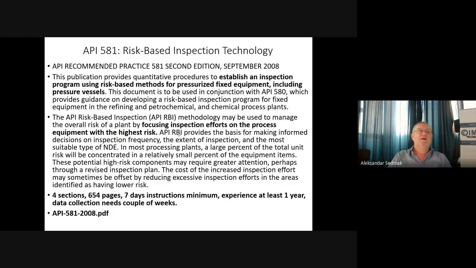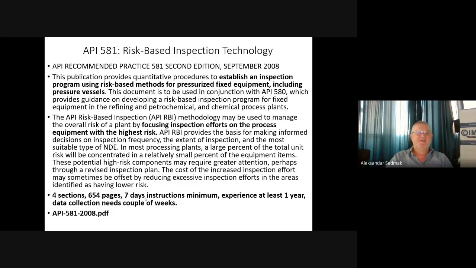So for API 581, we can say that it is a very well established procedure. It is very useful and popular, but there are 4 sections, 654 pages.